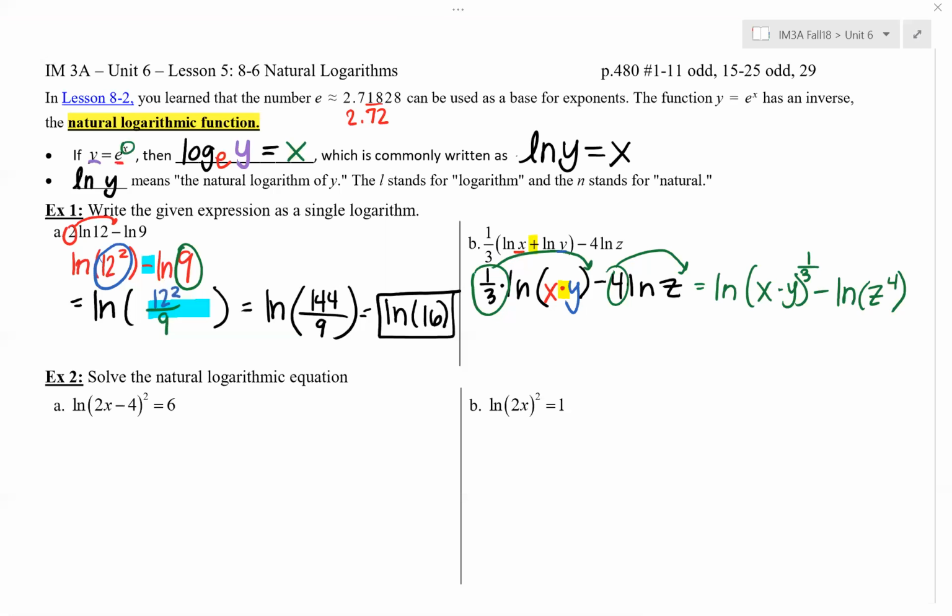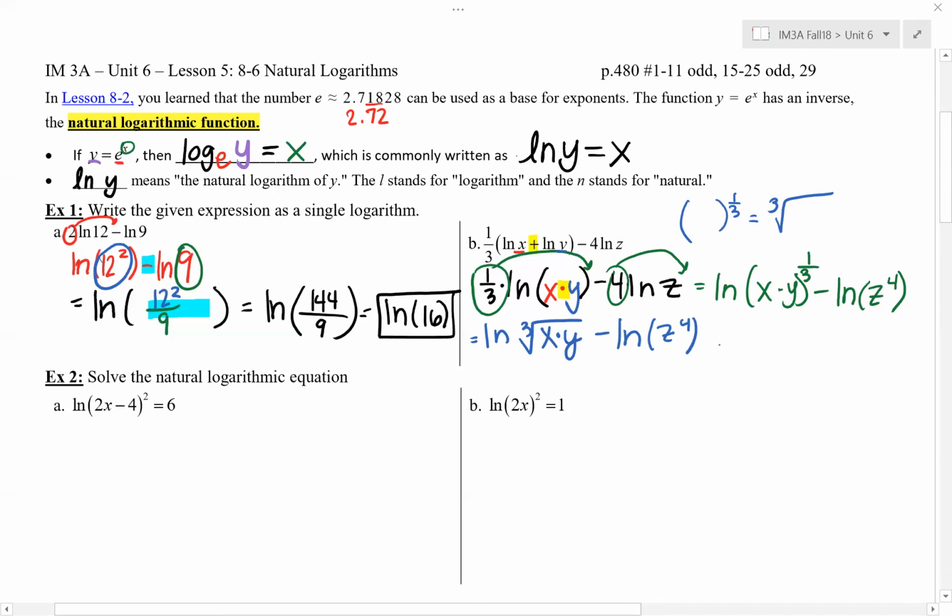Remember that something raised to the 1/3 power is equivalent to the cube root of that something. So that means we really have ln of the cube root of xy minus ln of z to the 4th.